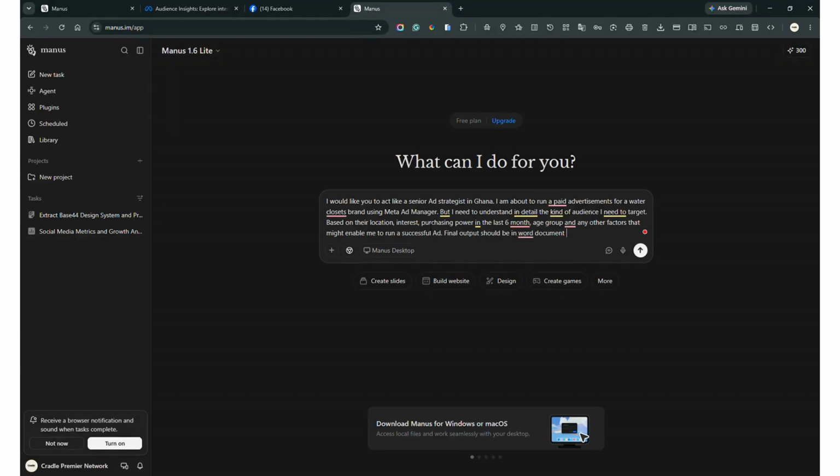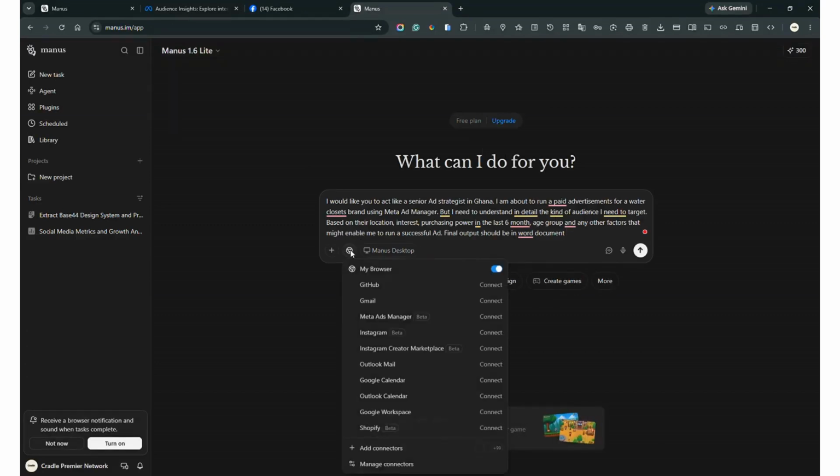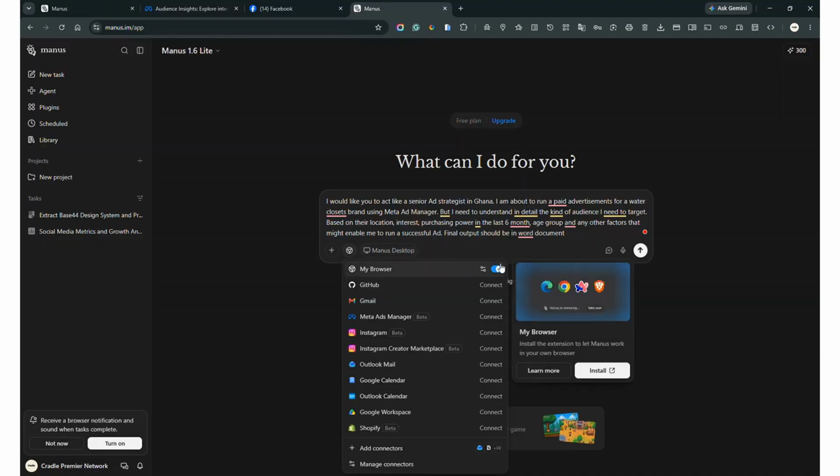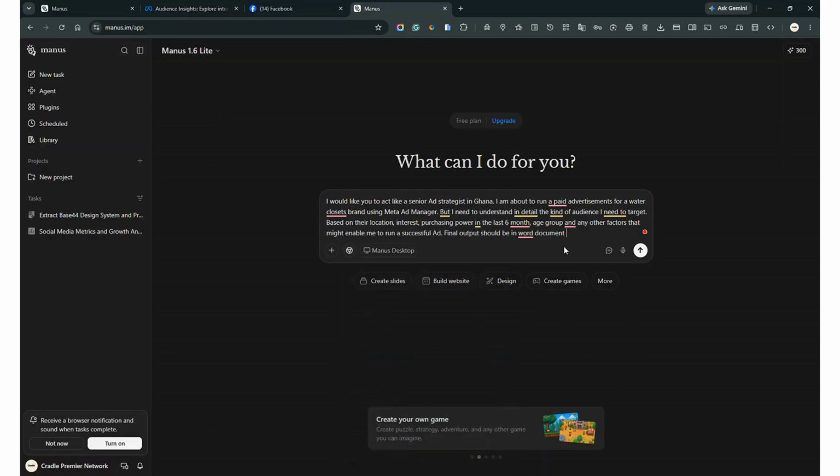Once you have access to it, I want you to go to connected apps over here, and then turn on the browser. Now, one good thing about Manus is that it uses your own browser and digs into other resources about the information that it needs.